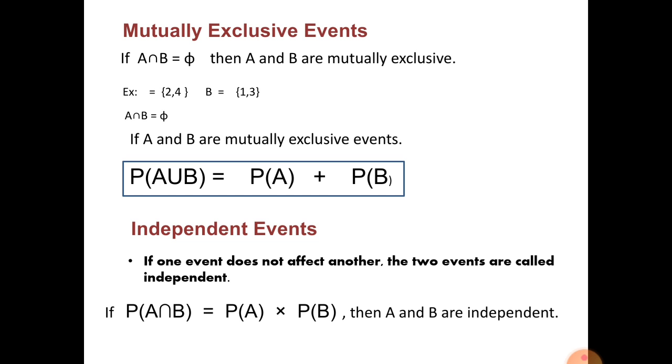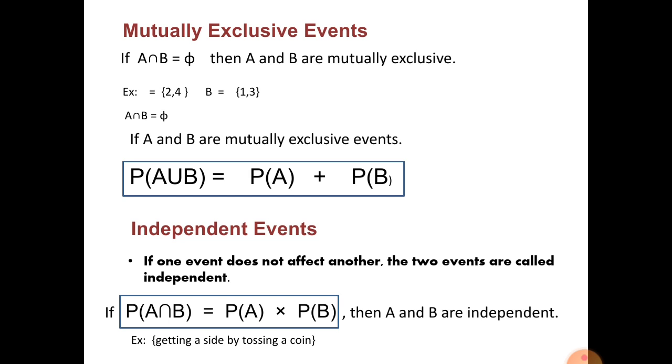So if probability of A intersection B equals probability of A times probability of B, then we can say A and B are independent. If two events are independent, you have to remember this formula: probability of A intersection B equals probability of A times probability of B.